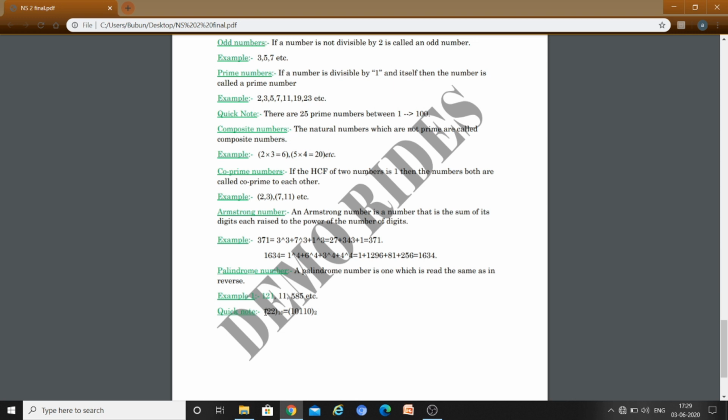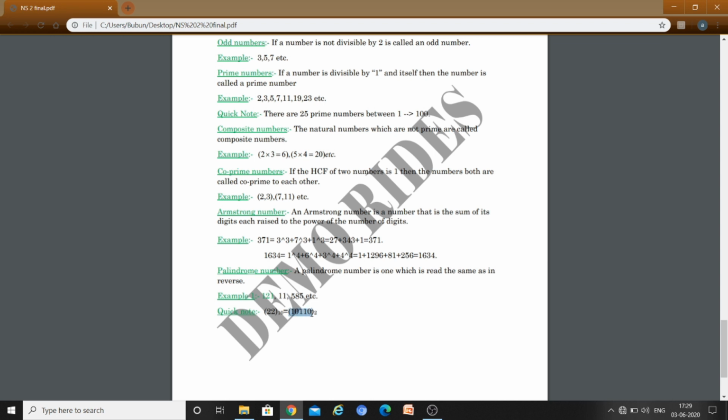Okay, so here is a quick note. There is a number 22 in base 10, and you can see that this 22 is a palindrome. But if we convert it into the binary number, we have this number, 10110 with base 2, because it's a binary number. I converted this 22 in the binary form. That's why we get the 10110.